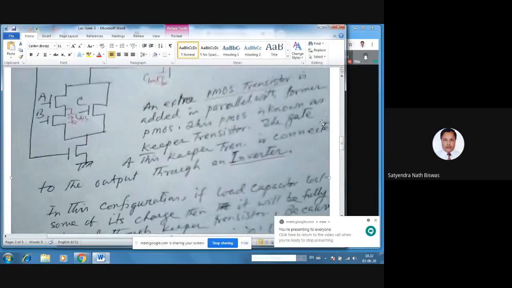Yeah, I have already written here. An extra PMOS transistor is added in parallel with the former PMOS. This PMOS is known as the keeper transistor. The gate of the keeper transistor is connected to the output through an inverter.